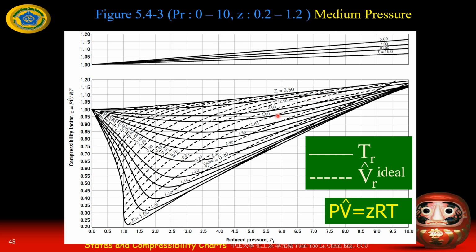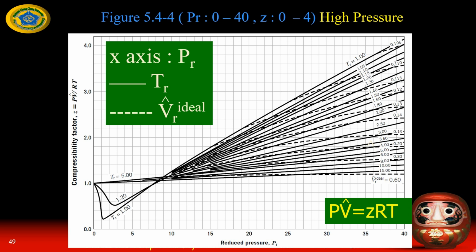Again, you have TR as the solid lines, VR ideal as the dashed lines, and PR, the reduced pressure, on the x-axis, and this is Z. Figure 5.4-4 is high pressure. Again, you have PR, VR ideal, and TR.